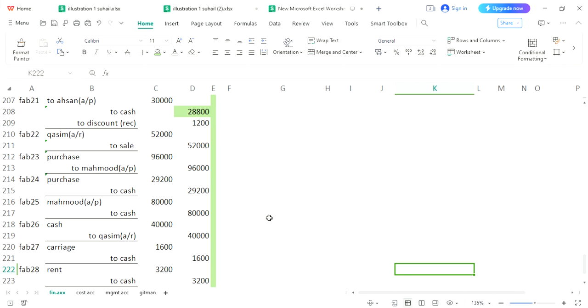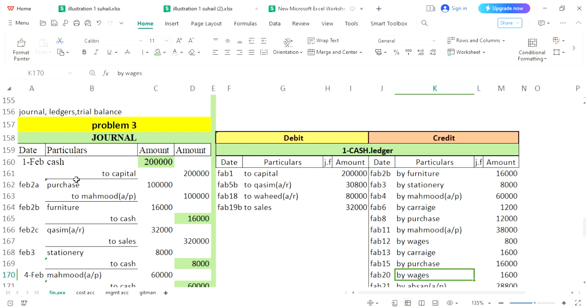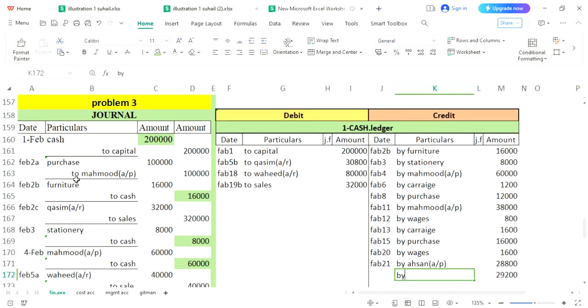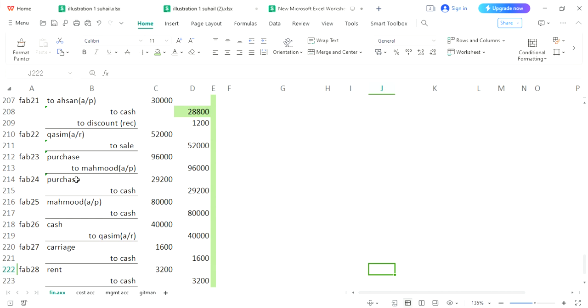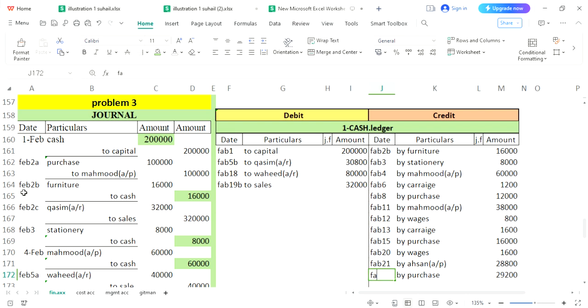Cash is credited. What is written on the opposite side? It's purchase. So we are going to write purchase as a reference with an additional word of "by". Okay, now let's see the 29,200 date, which is February 24. Putting the date over here, 24.